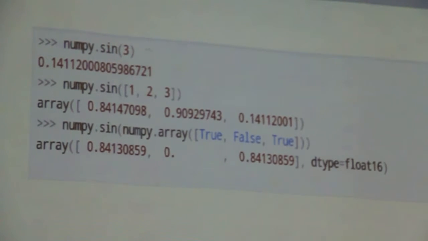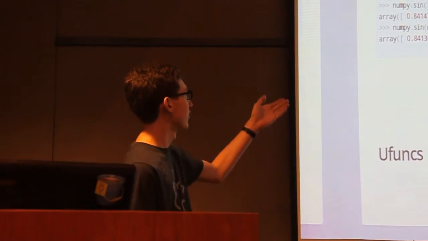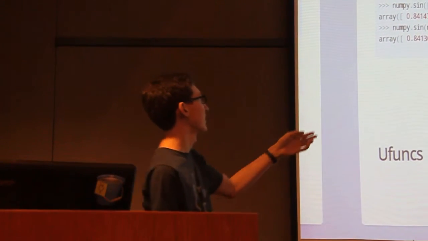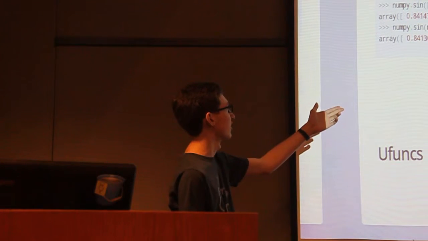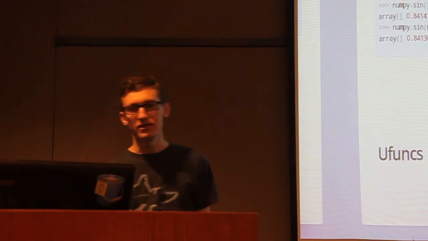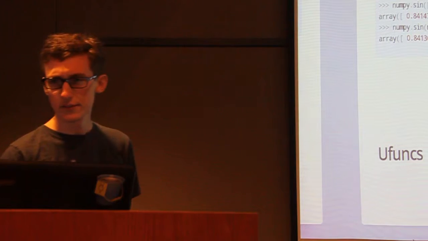Taking the sign of an array of booleans actually returns an array of 16-bit floats rather than a full 64-bit float. So you can see there is a slight precision difference between the sign of 1 as an integer and the sign of True, because there are different size floats in the result.